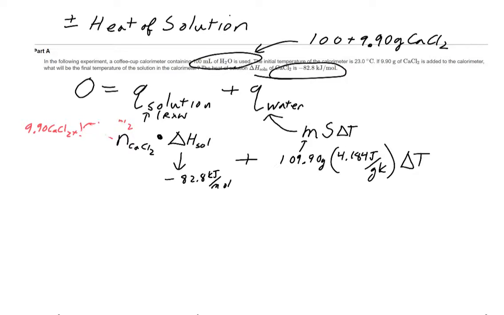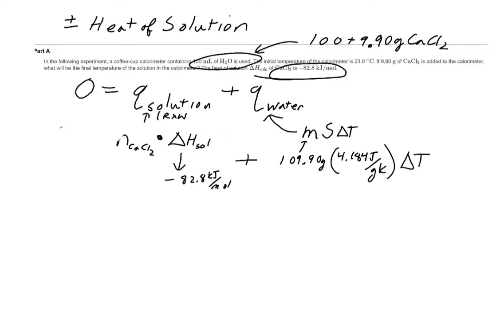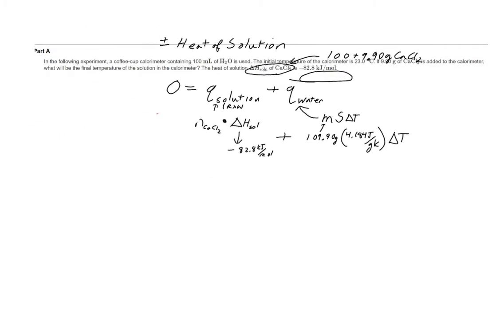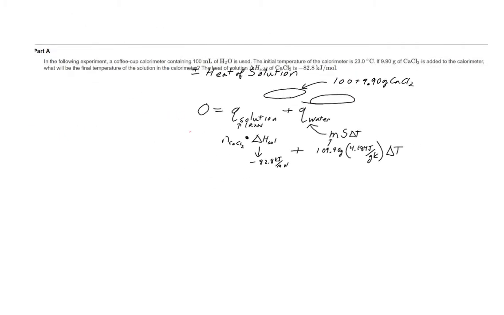I'm going to actually erase this because that got really messy there. I'm going to use the hand tool for the first time here. And let's draw this out here. I'm calculating my moles of calcium chloride.